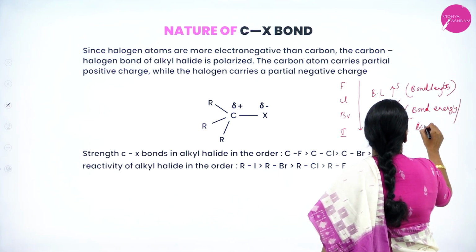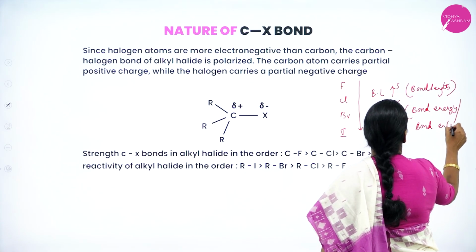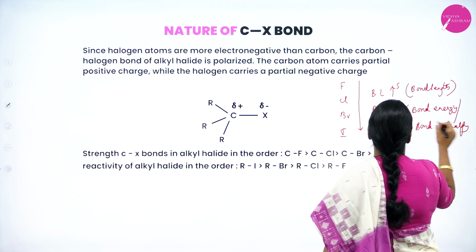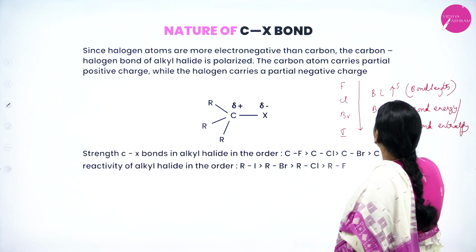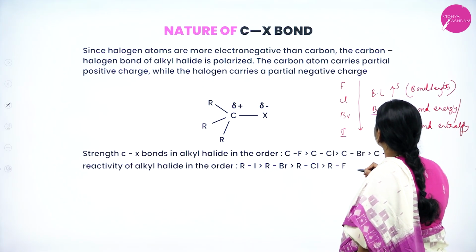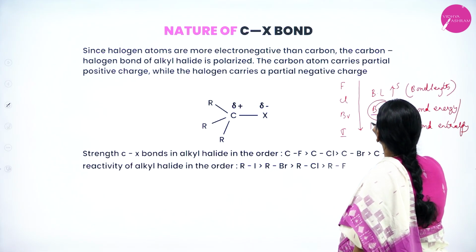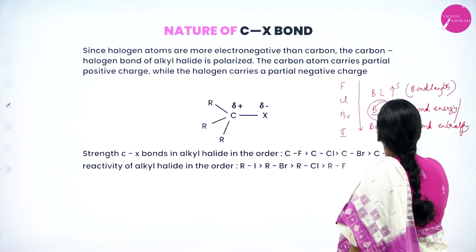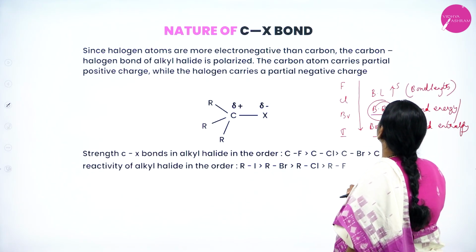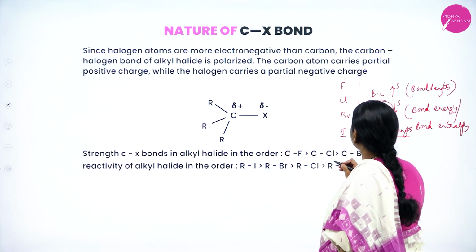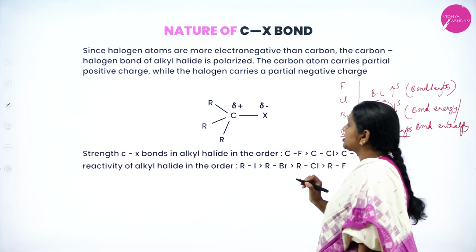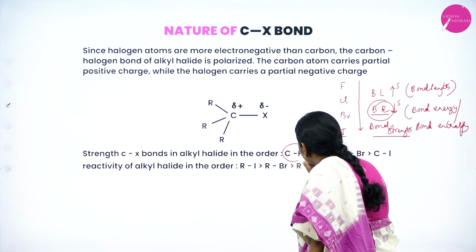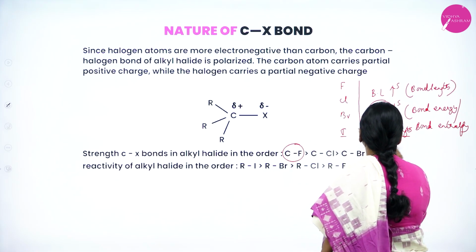Bond energy or bond enthalpy. Therefore, bond energy or bond strength decreases down the group. Therefore, which has maximum bond strength? Maximum bond strength has CF, minimum has CI.